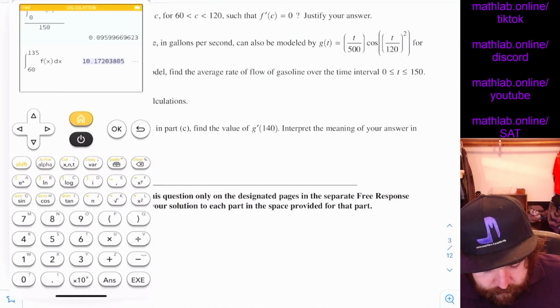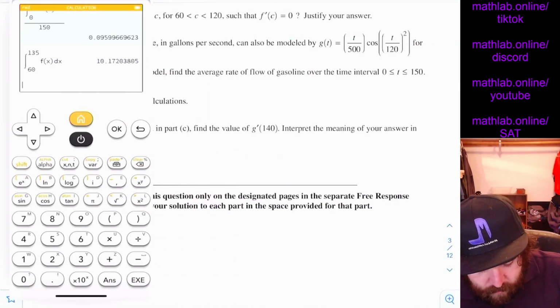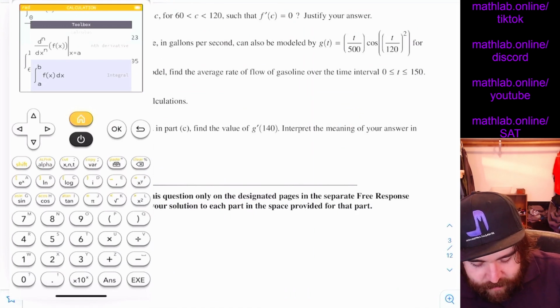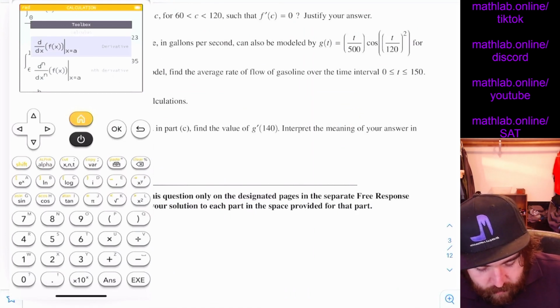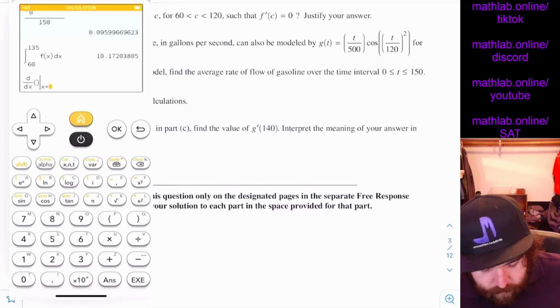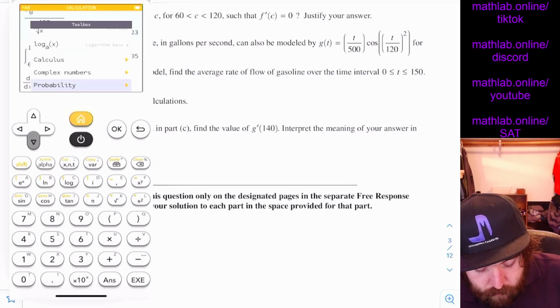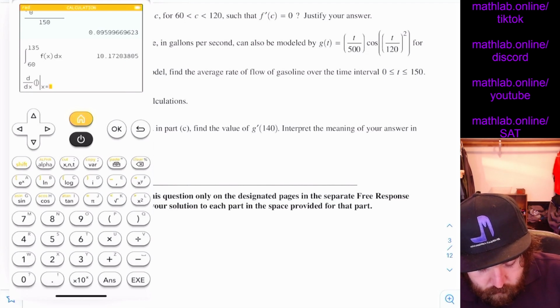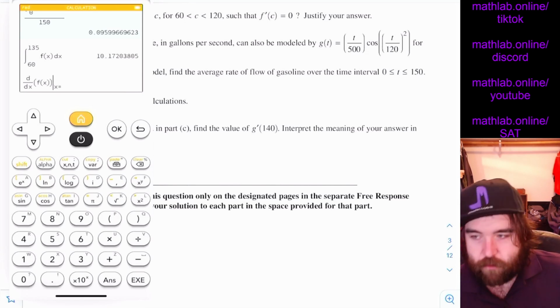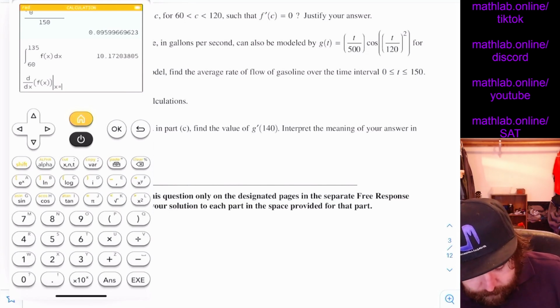And that's what's so beautiful about typing it in like that, because now what we're going to do is come here. It can't just, in general, find the derivative, but it can do it for specific values. So what was it, 140?